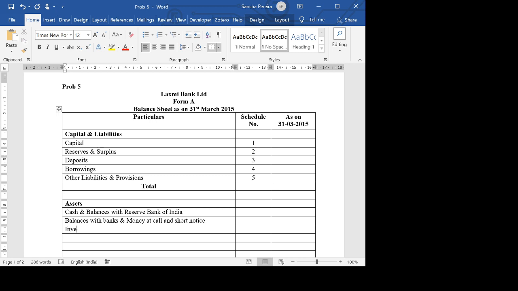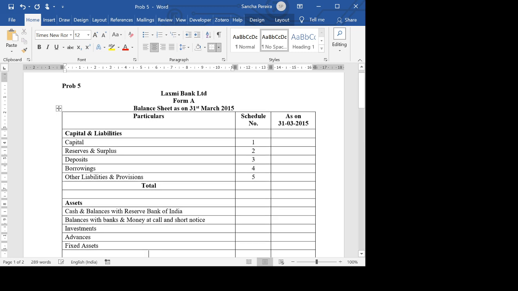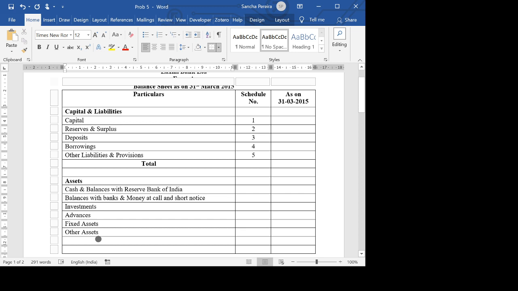Then you have your investments. Then you have your advances, fixed assets, other assets. Now, even though we have not done a schedule for other assets, I'm still showing it here because here you have to show it and show it as nil.